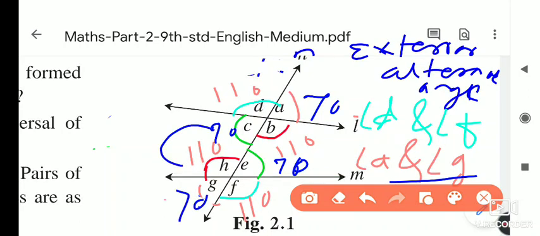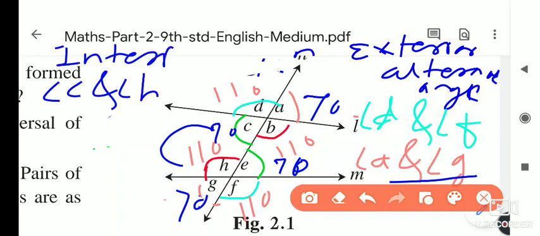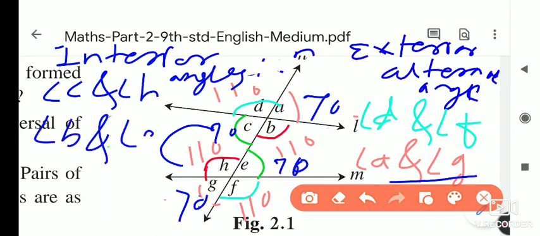Angle C and angle H, these are interior angles, and another pair is angle B and angle E. These are the two pairs of interior angles formed when two lines are intercepted by another line.